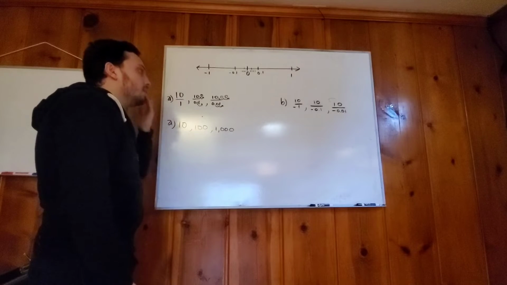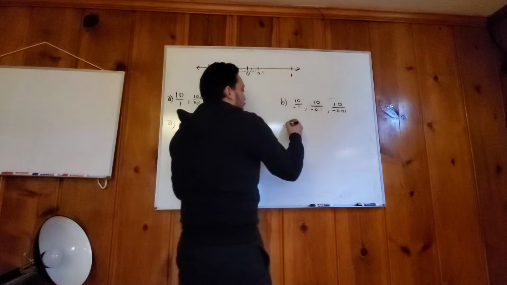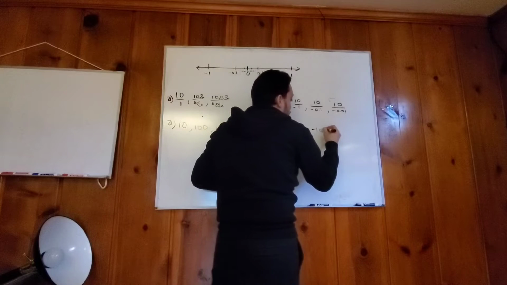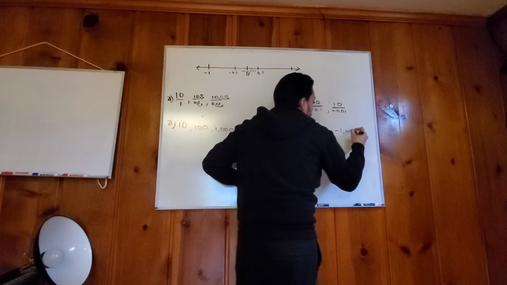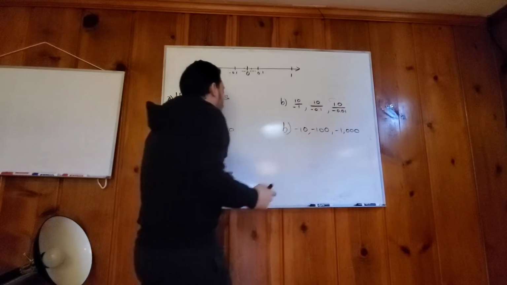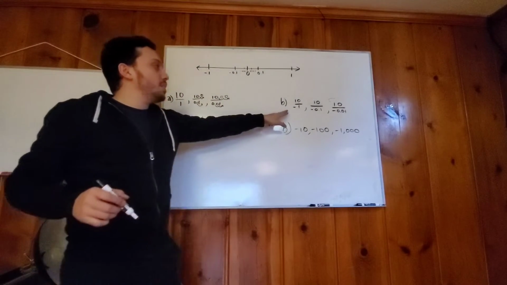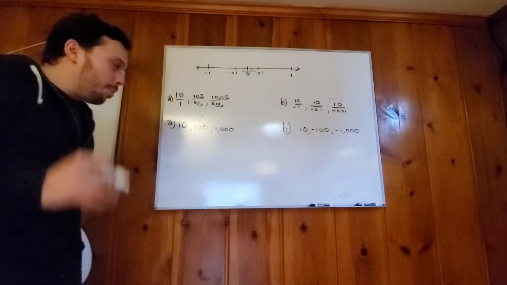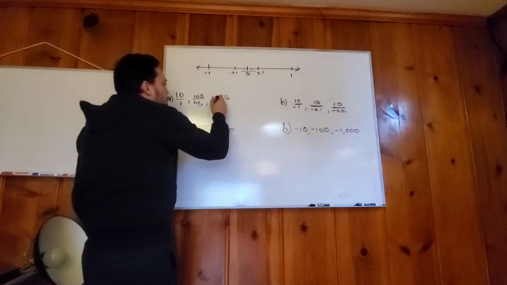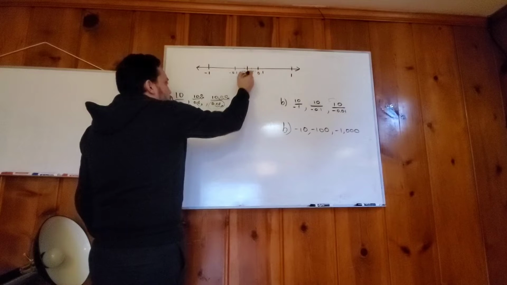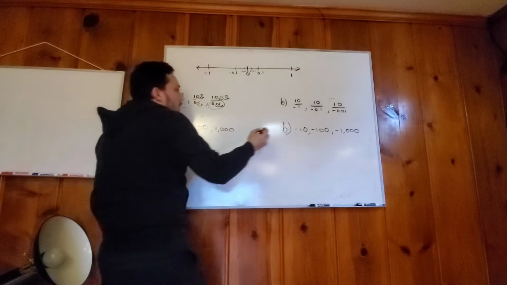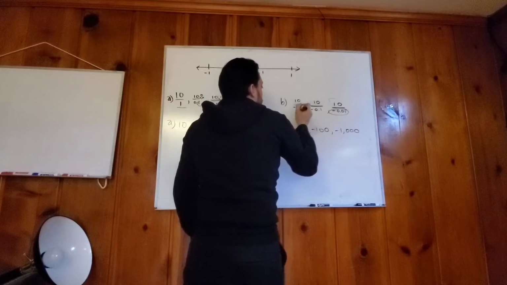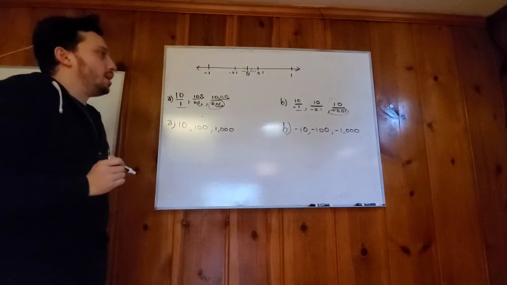Oh, okay. What about B, though? B is the same thing, except it's negative. We're going to get negative 10, negative 100, and negative 1,000. How did we do that? The same way we did here, except it's -1, negative 0.1, negative 0.01. So what happens here? Well, 0.1 is supposed to be closer to 0 than 1, right? And negative 0.01 is closer to 0 than -1.